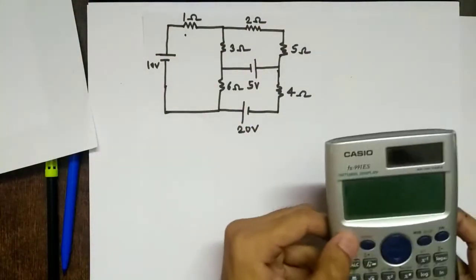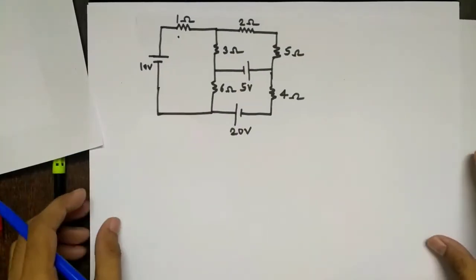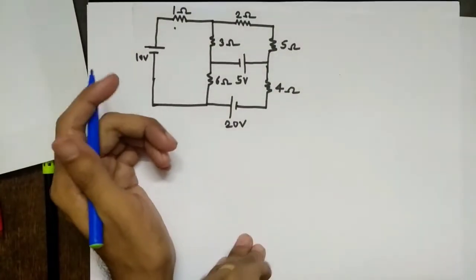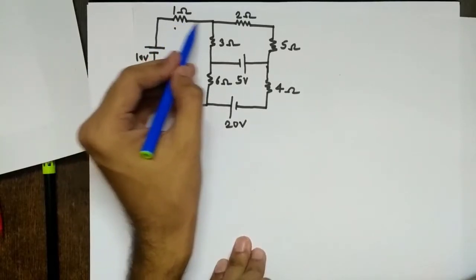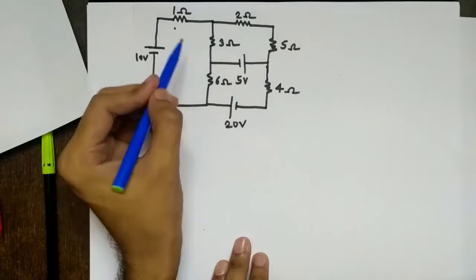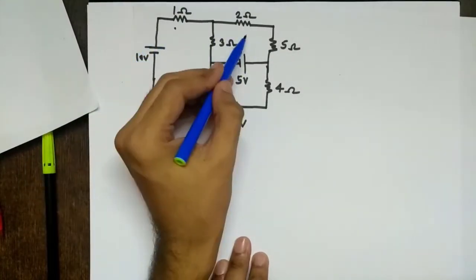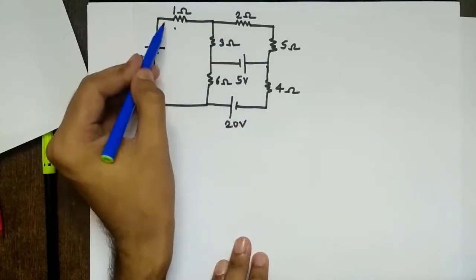Let's go to a sum which has 3 loops. So before that, what is the difference between a loop and a mesh? If you consider this loop, this is a closed thing, so this is a loop. If you observe, there are at least two loops inside it, so it cannot be a mesh, it will be a loop only.